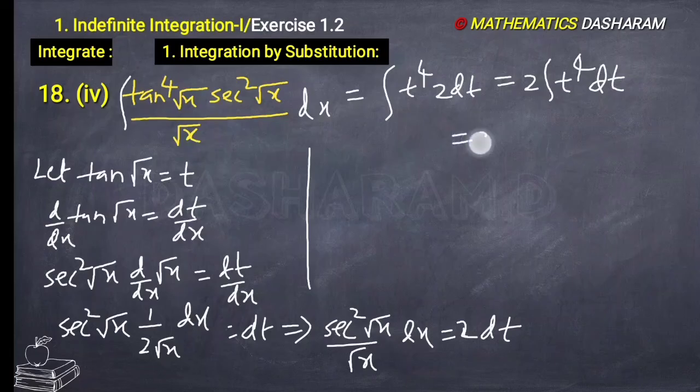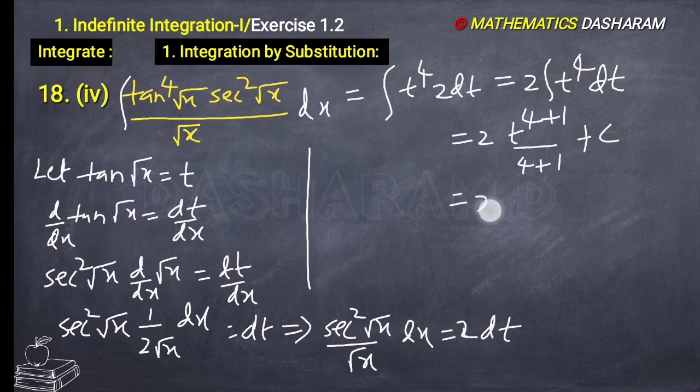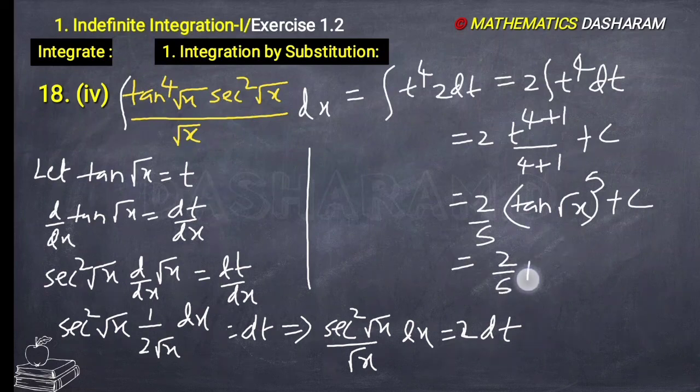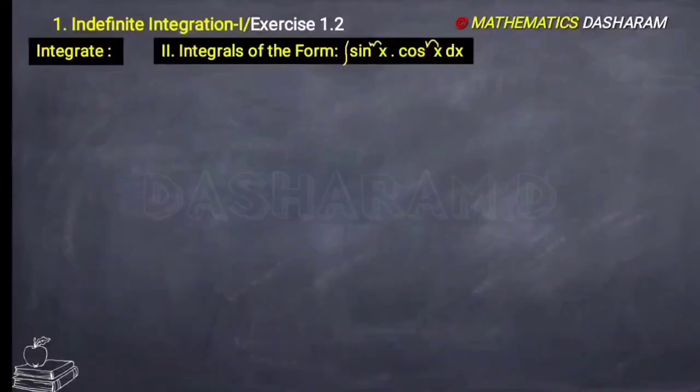So 2 times t to the power of 4 plus 1 by 4 plus 1, plus c. Substituting the t value, it equals 2 by 5 tan root x whole power 5 plus c, which is our required answer.